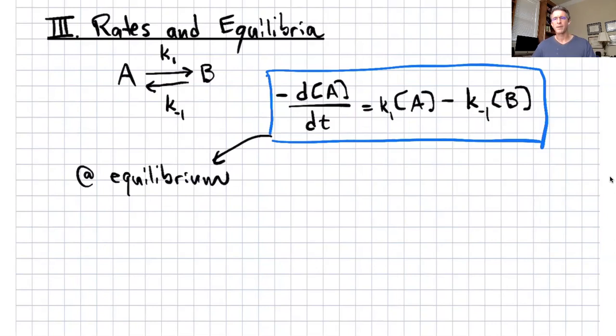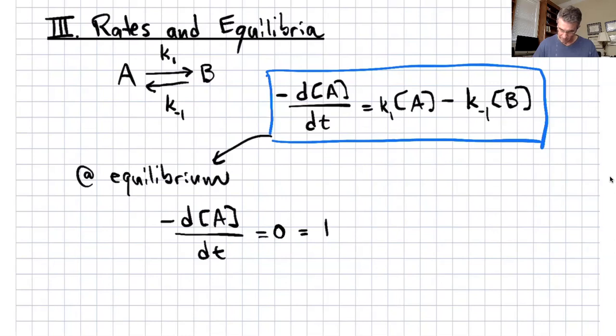At equilibrium, there can be no net change in the concentration of A, right? There's no change with the concentration of A with respect to time, which means we can write something down like this. It means minus d concentration of A with respect to time has to just be equal to 0, which means the rate equation we just wrote down also has to be equal to 0.